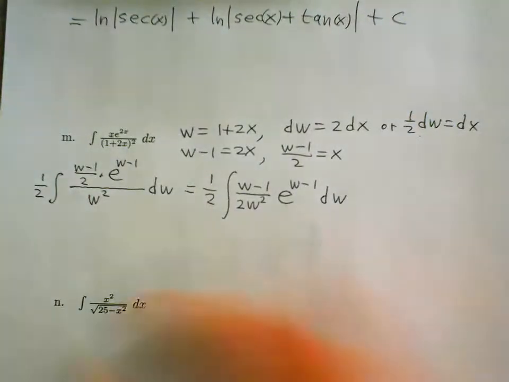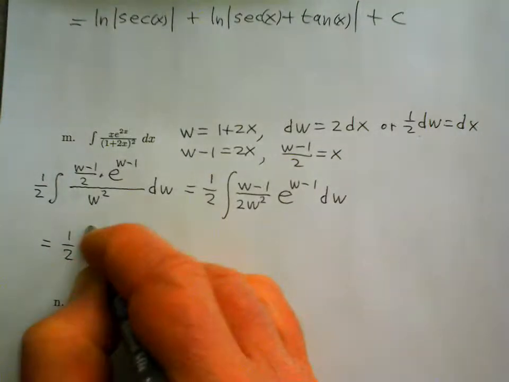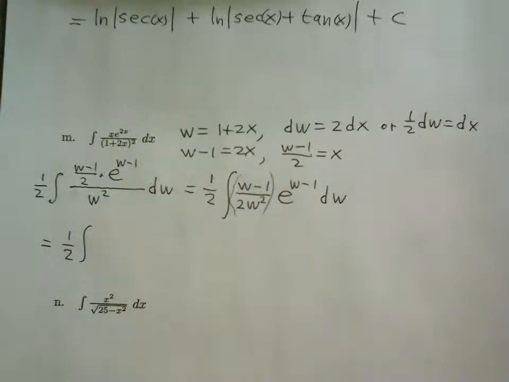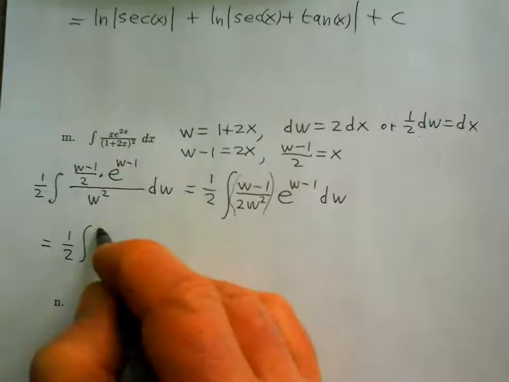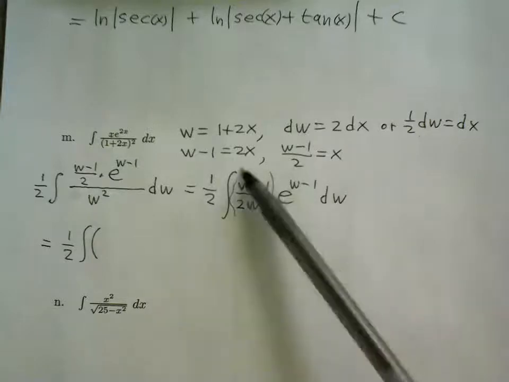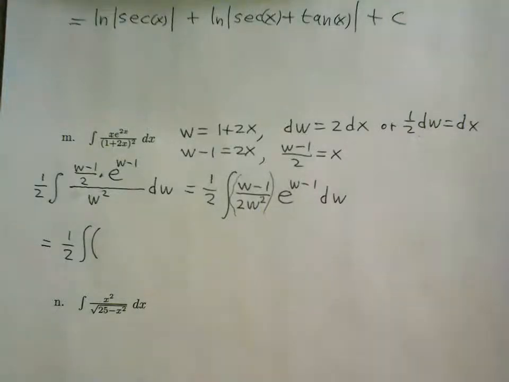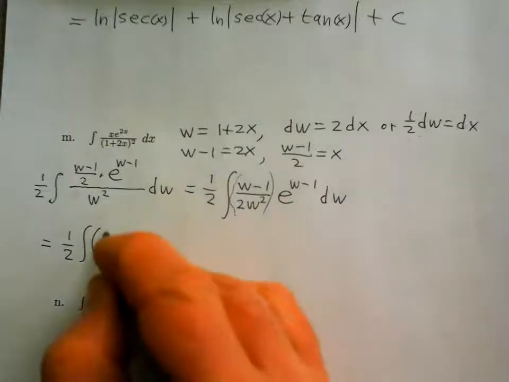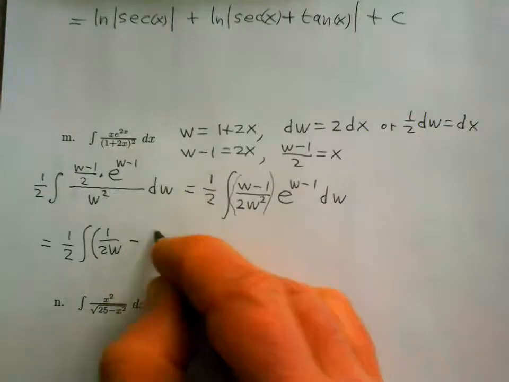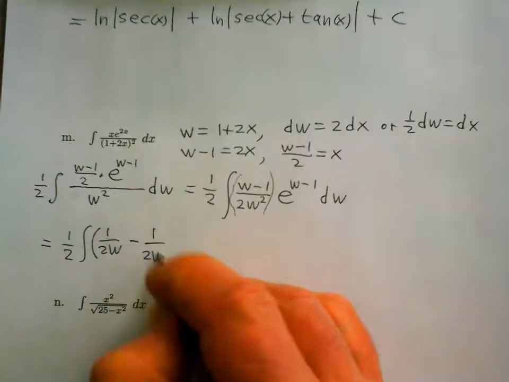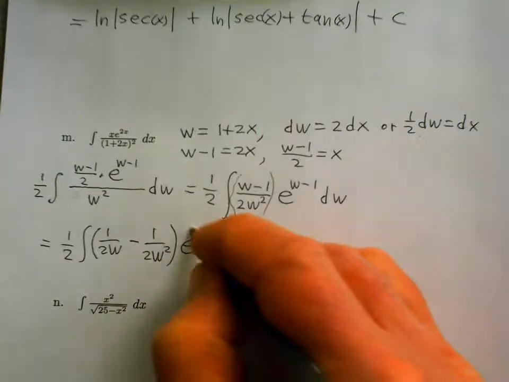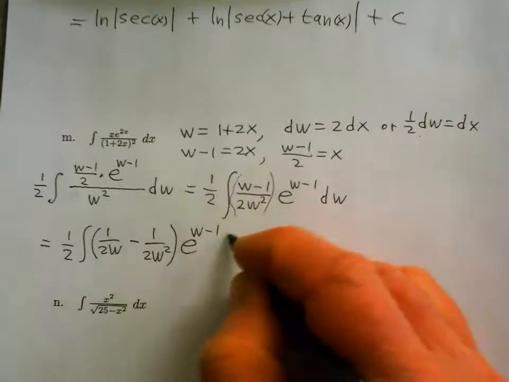And it might be convenient to rewrite w minus 1 over 2 times w to the second as a difference of two terms. So one will be w over 2w to the second, but that will simplify to 1 over 2w. And then the other one will be minus 1 over 2w to the second. And then we multiply that quantity by e to the w minus 1 dw.